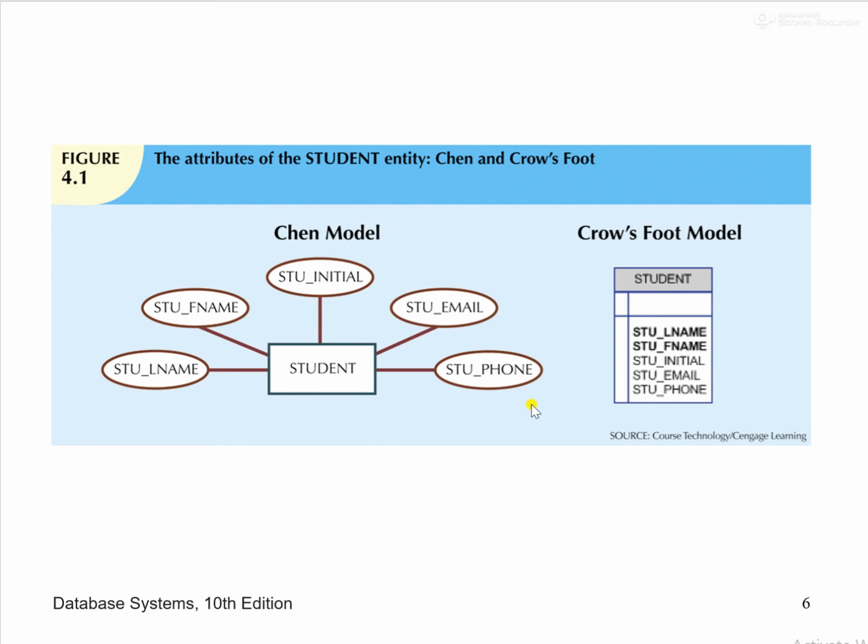And if we look at Crowfoot notation, again the entity is written inside a rectangle, and then attributes are written down inside this rectangle, like here student last name, first name, initial, email, phone. Okay, so these are two different notations that are used to represent entities and attributes.